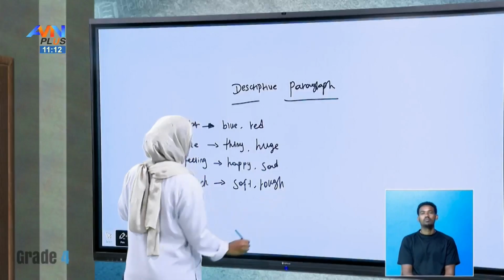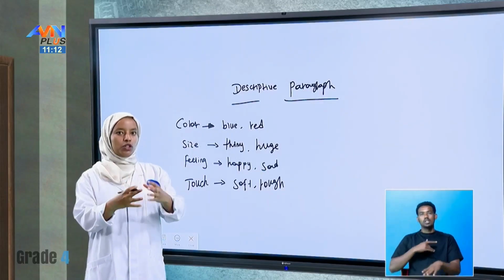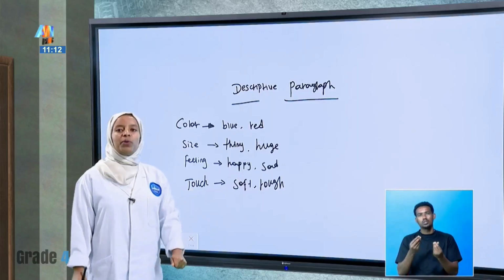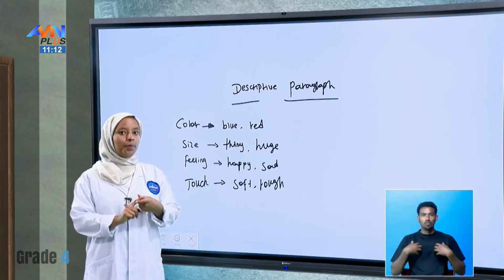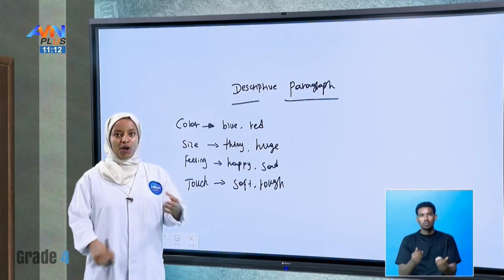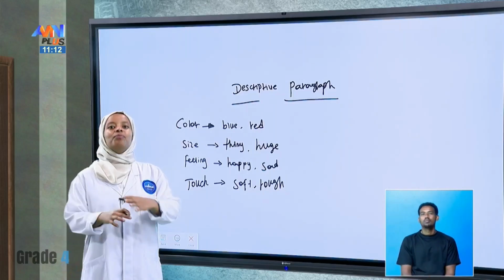So here it is by sense organ, by touching, how it feels. For example, soft, and we can say rough. For animals, maybe a rabbit or cats, you can say fluffy. When you touch them, their hair is fluffy.